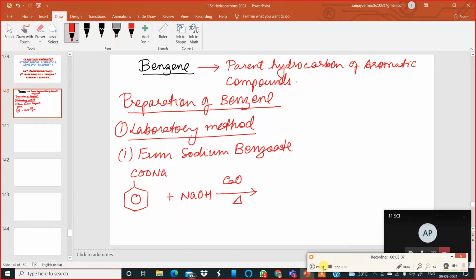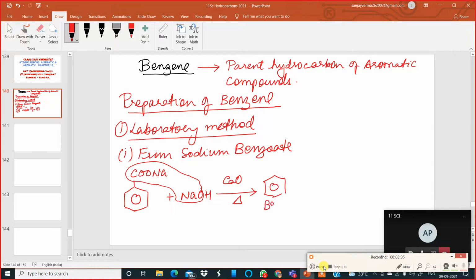When you do that, there is a decarboxylation reaction happening when Na2CO3 is expelled. Both the sodium and CO3 go out as Na2CO3, and then this hydrogen links on this carbon to give us the benzene.